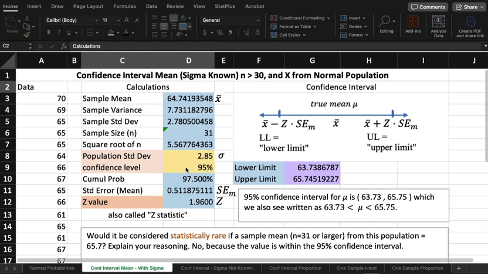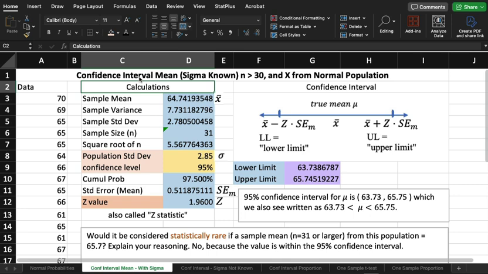But it also is going to be impacted by our sample size. There are a lot of players here that are going to affect how close we can get with our estimate of the true mean. And so it all comes down to what we start with, what our sample is.